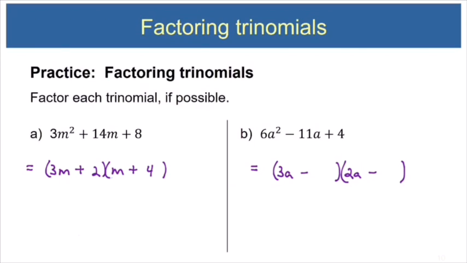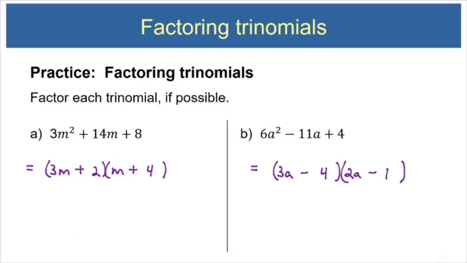And instead of 2 times 2, I'm going to have to use 1 times 4. Now think about it. If I put the 4 here, notice that I'll have a GCF again because 2 and 4 can both be divided by 2. So I know the 4 can't go here. It's going to have to go here. And that means the 1 has to go here. And that's pretty much the only way it can work.